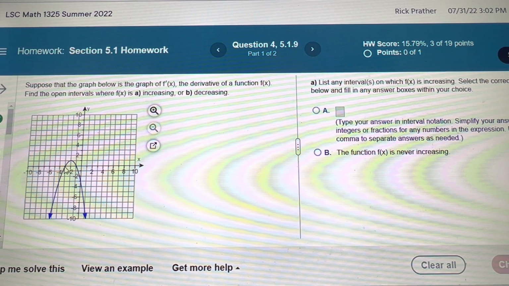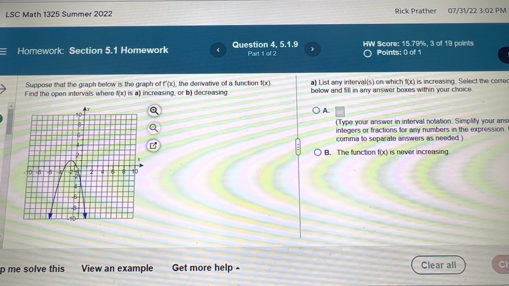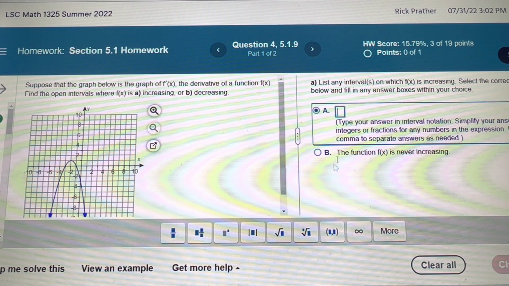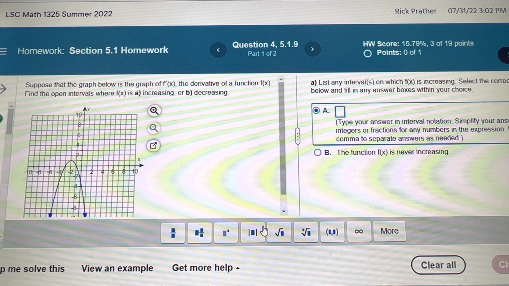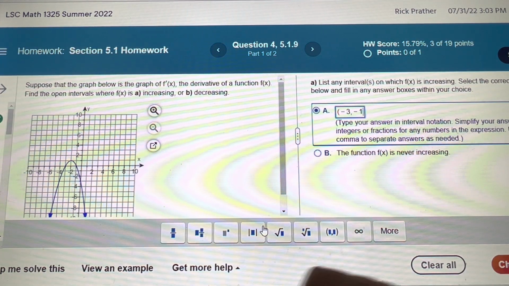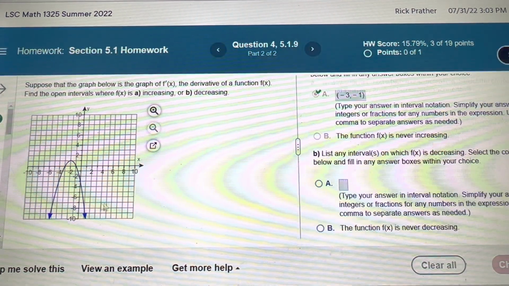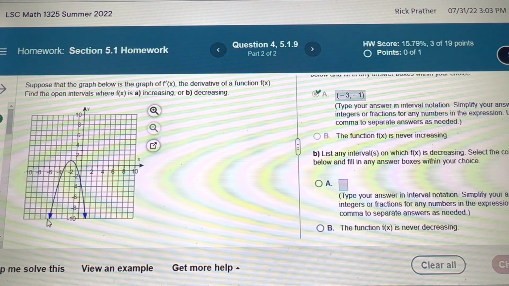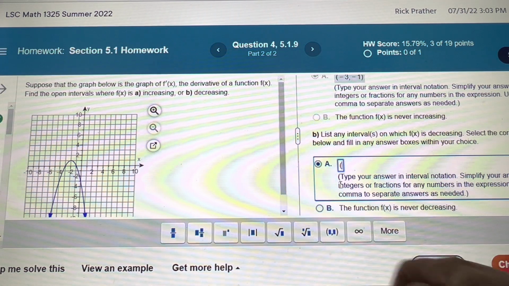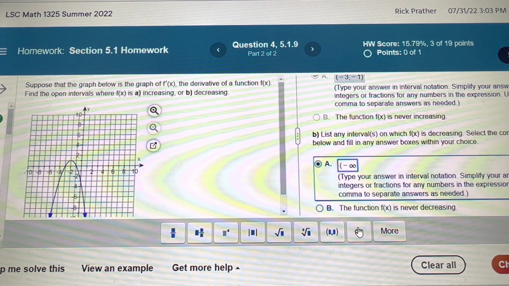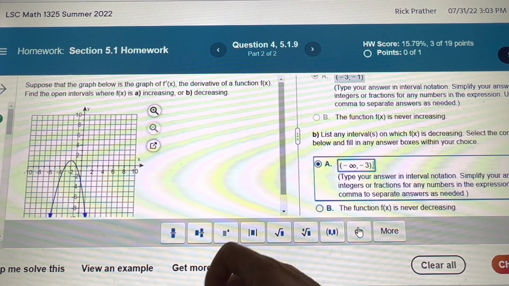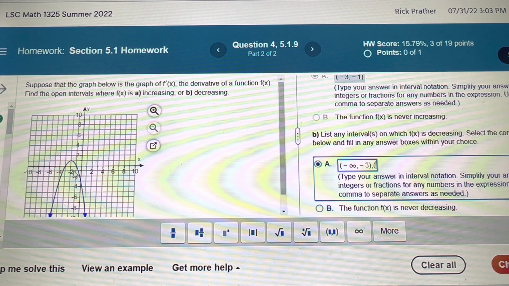So the increasing only takes place from negative 3 till negative 1. And then there's two decreasing sections from negative infinity till negative 3, and from negative 1 to infinity.